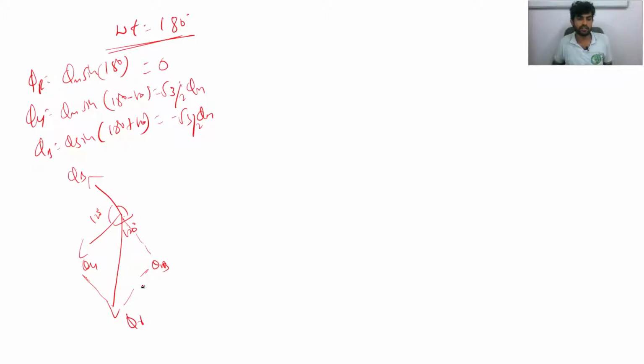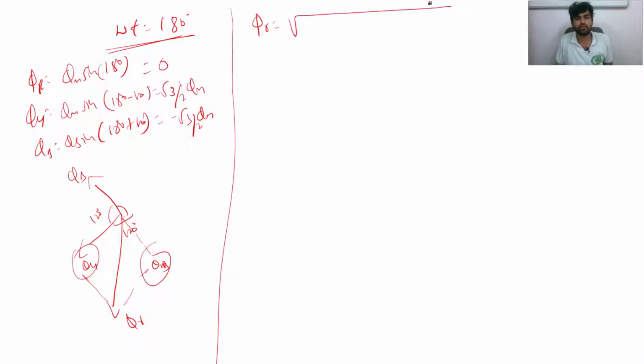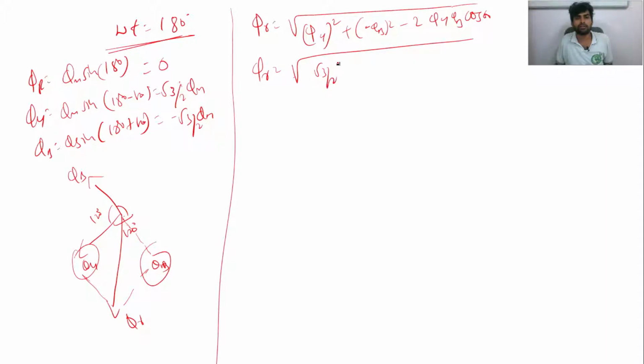This is phi r. Just apply cosine rule: phi r is equal to root of phi y square plus minus phi b square minus 2 phi y phi b cos 60. Right. So just to substitute values, phi y square is (root 3 by 2 phi m) square, minus phi b square will be there.